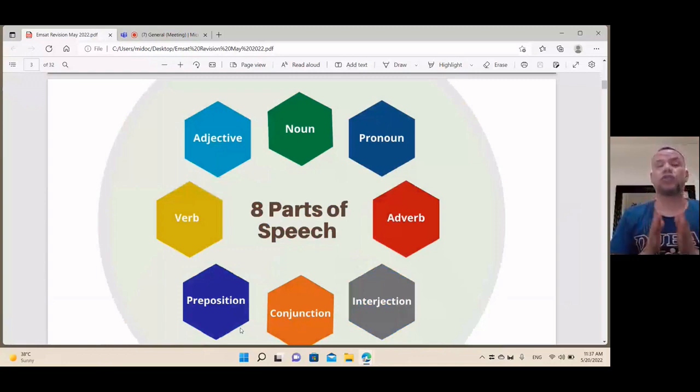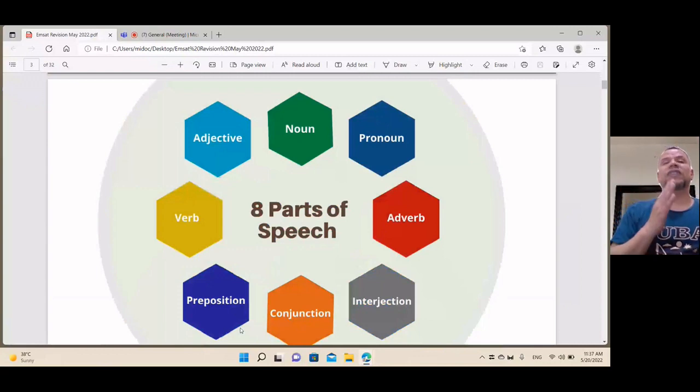You just have to remember 8 parts of speech. All the grammar section is about 8 parts of speech. 8 parts of speech means 8 kinds of words in a sentence. A sentence means some words connected to each other to make one meaningful sentence.